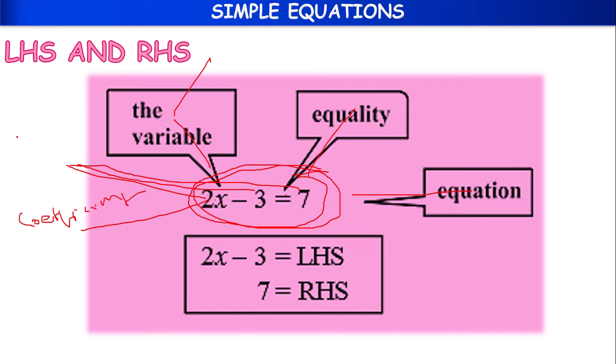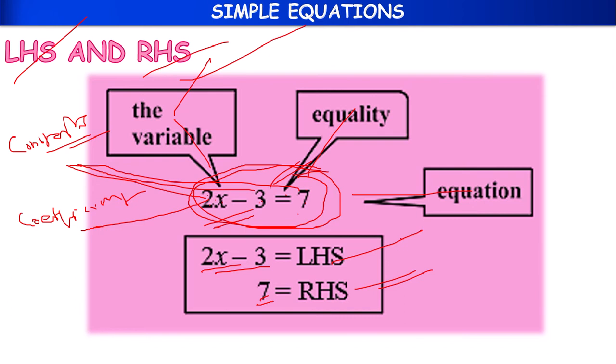Only 2, 3, 7 are called constants. And 2x minus 3 is LHS. 7 is on right hand side, so it is considered as RHS. So if we know the equation, we can find out LHS and RHS from them.